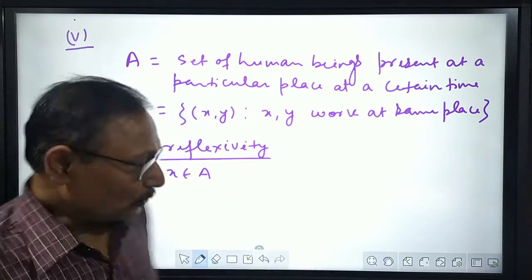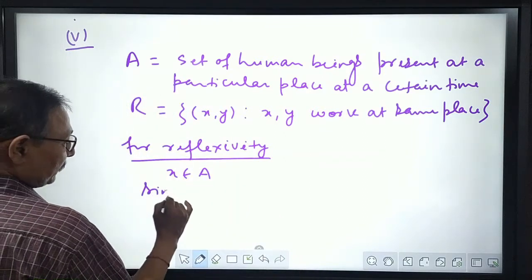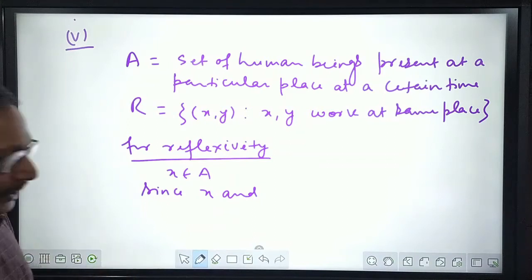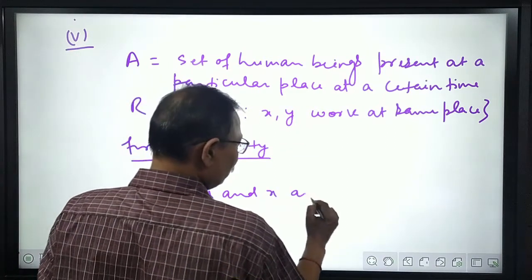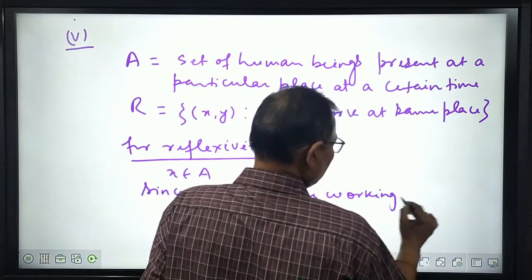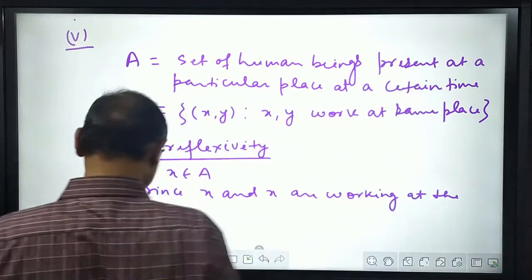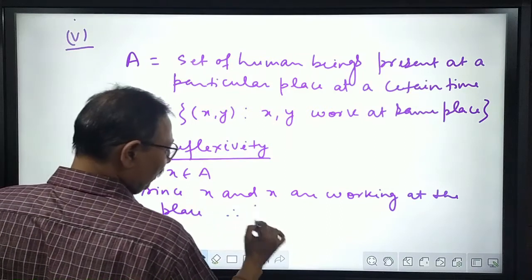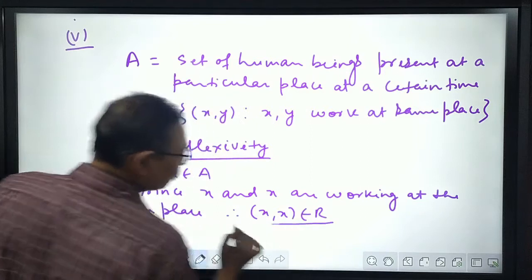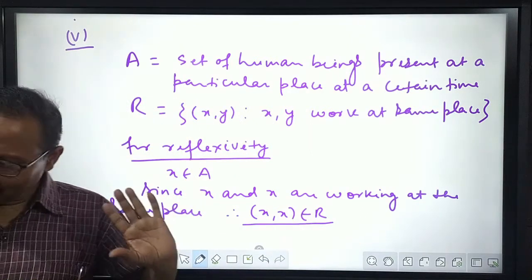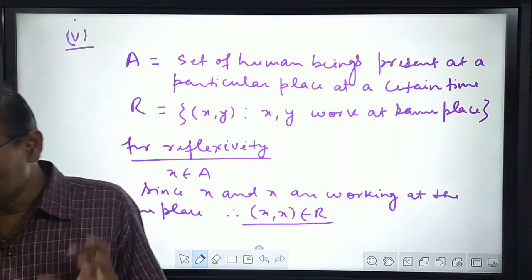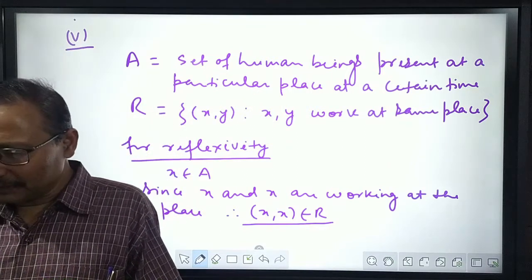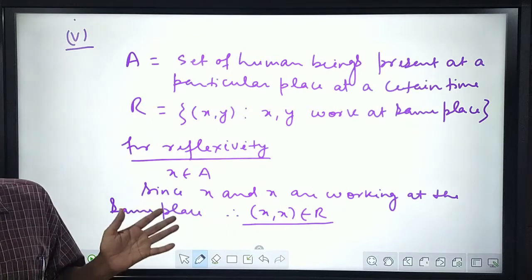So we will conclude that since x and x, there is no need to write down that one, but to make it clear I am writing, since x and x are working at the same place, therefore x comma x must be a member of R. So we can say that here x is any arbitrary person, means you can take any person of that set A, and to check for that one you can go through the argumentation provided here.